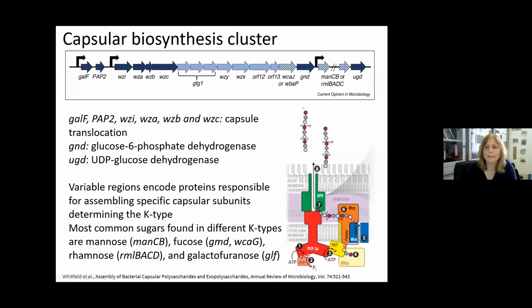The variable part is particularly interesting because it makes different assemblies of different sugars. Depending on these genes, you can have different capsules outside the outer membrane and different K types. So it's used for typing Klebsiella by wzi typing.